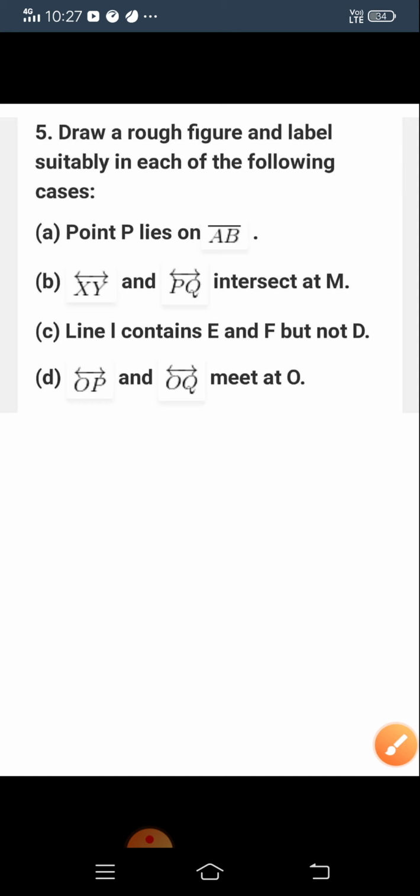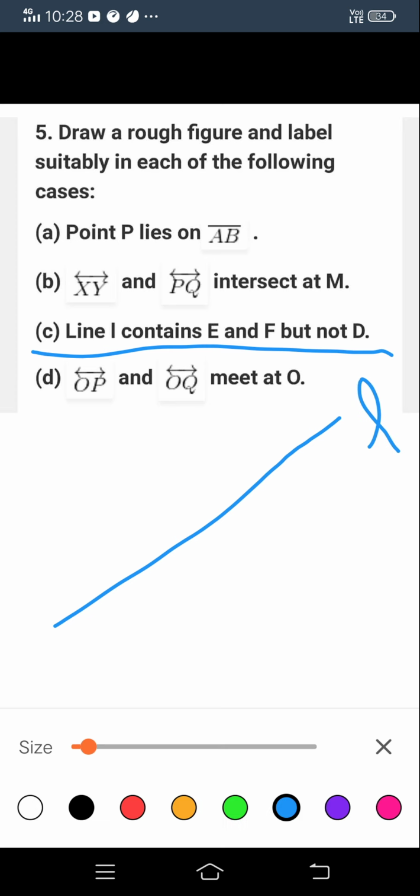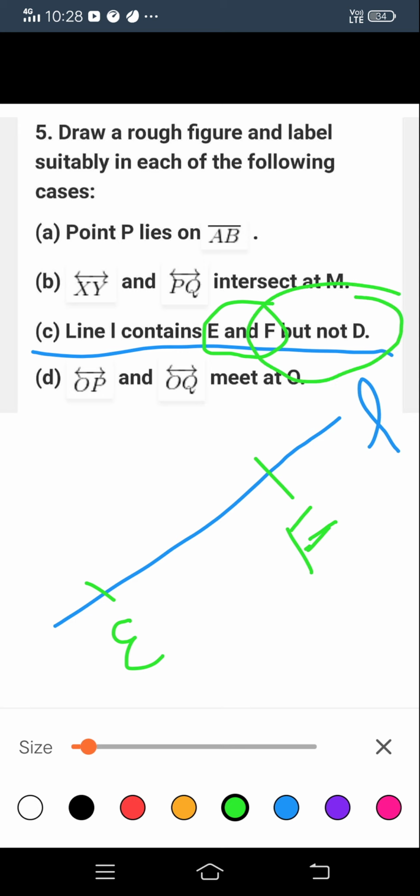Okay. Next one, that is line L contains E and F but not D. There is one line. The line name is L. And the points given are in between, that is E and F. The line consists of E and F, but there is no D on this line.